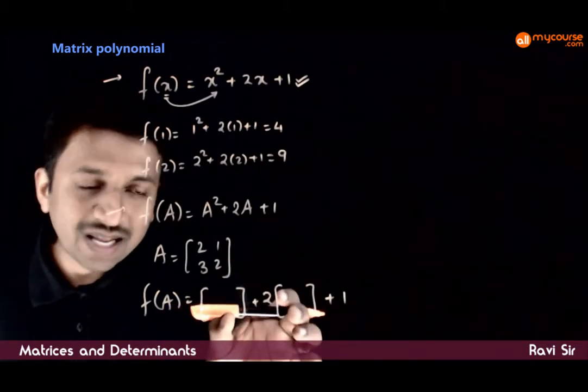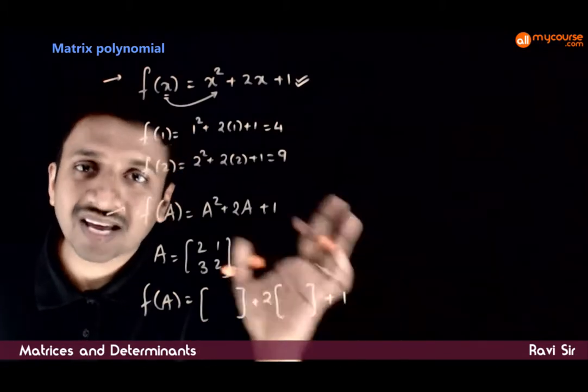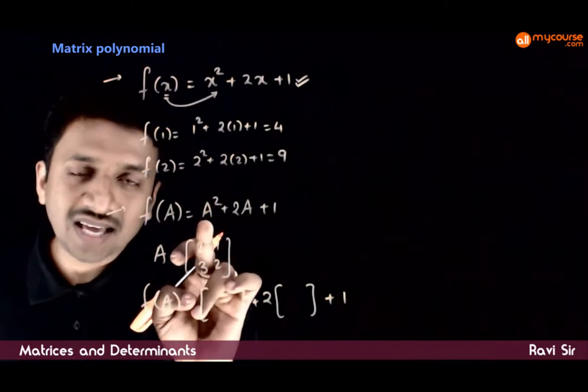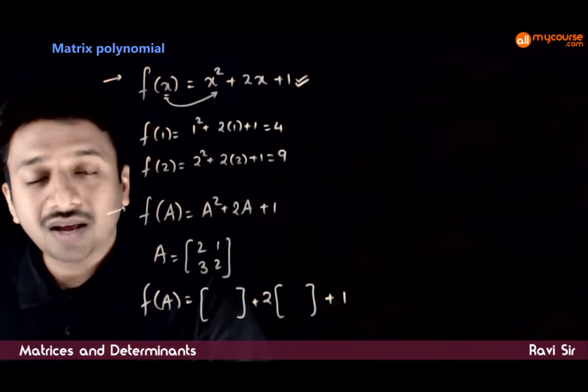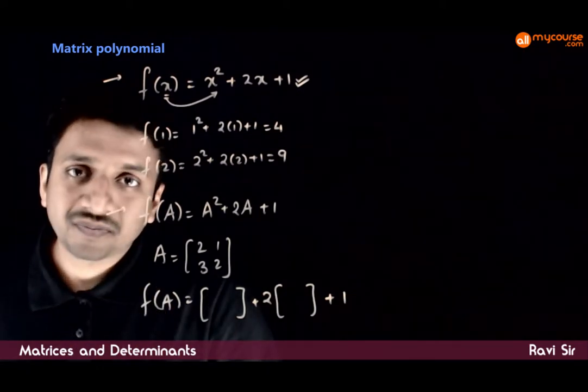Matrix plus matrix is defined, but matrix plus scalar is not defined. So f of A is A square plus 2A plus 1 is not a polynomial which is defined over matrices.